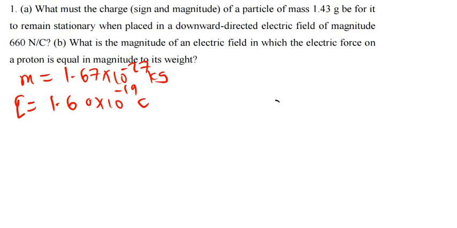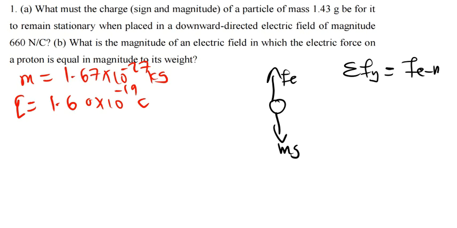That's what we've been told. Meaning that here you have mg, and here you have the electric force going in that direction. The summation of the forces in the y direction gives this minus mg, so we end up with 0 equal to this. We have the same thing, so F is equal to mg.